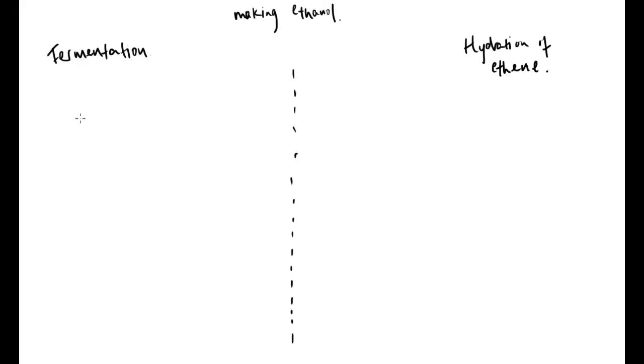So fermentation, first of all, is turning sugar into alcohol. So sugar, glucose specifically, being this one here, C6H12O6, we're turning it into alcohol. So CH3CH2OH, ethanol specifically, and some carbon dioxide.